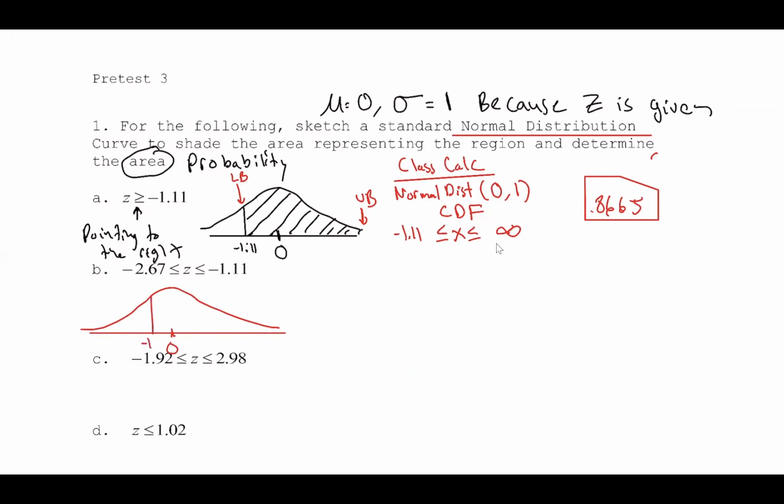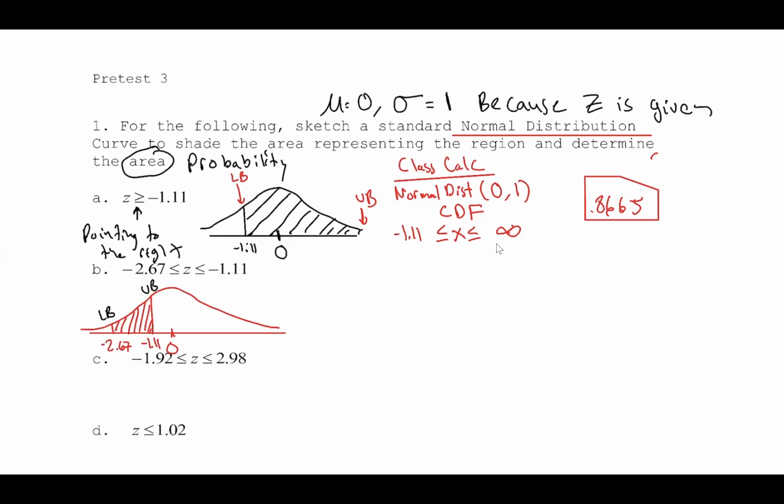Then you go negative 1.11, negative 2.67, and you shade in between. So far, any question in regard to how I shaded that normal distribution? No, sir. All right. My lower bound will be over here because that's the lowest value that I shaded. My upper bound will be over here.